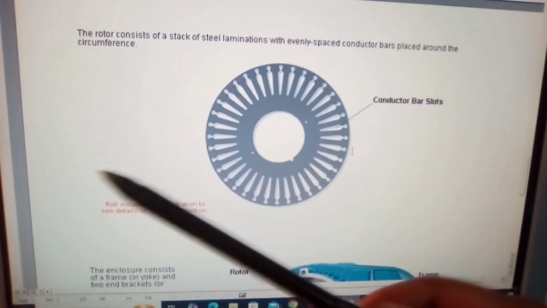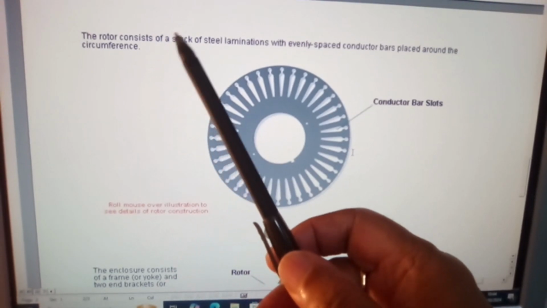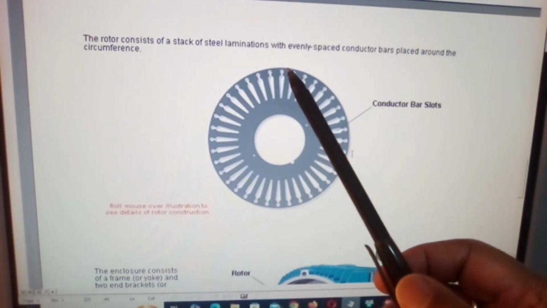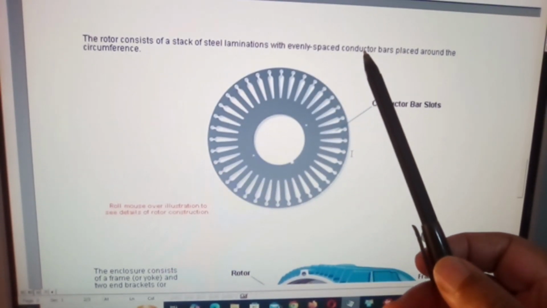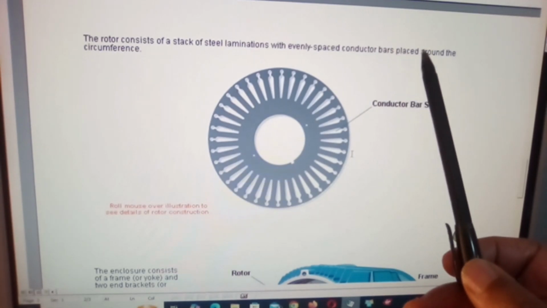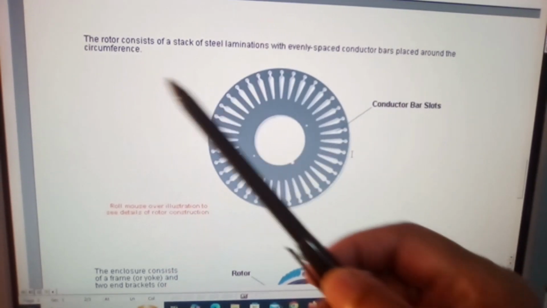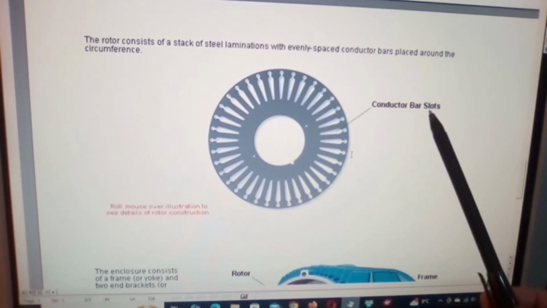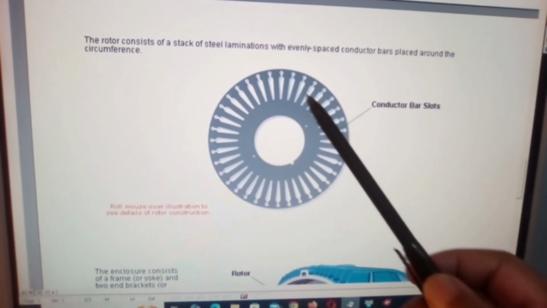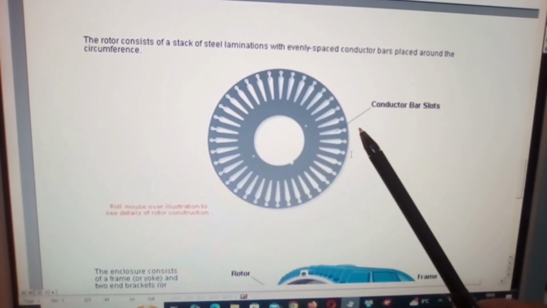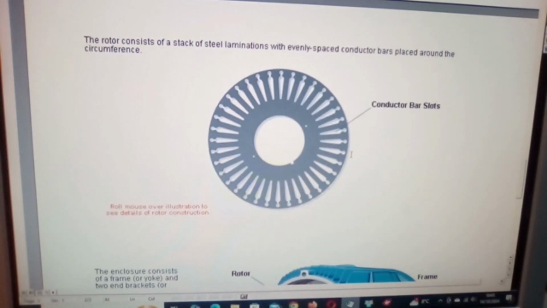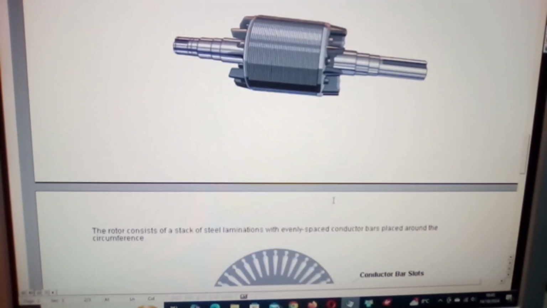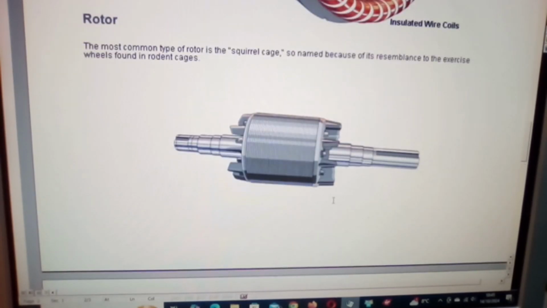And here we have again, the rotor consists of a stack of steel laminations with evenly spaced conductor bars placed around the circumference. Conductor bar slots. Now these here are bars, they're not cables as we saw a little bit earlier.